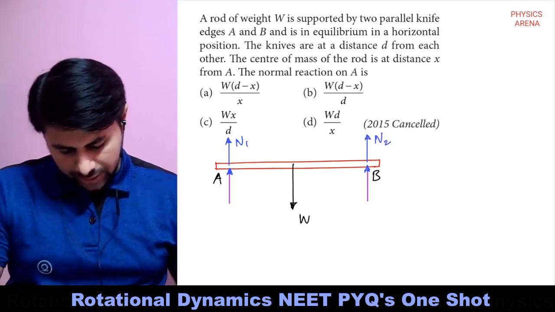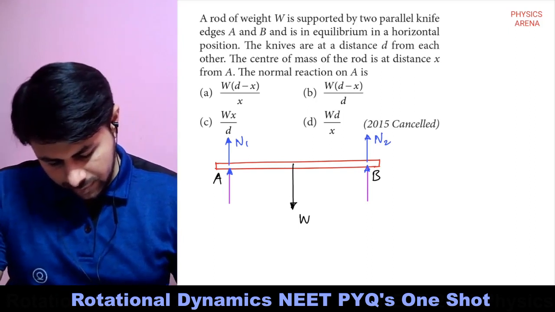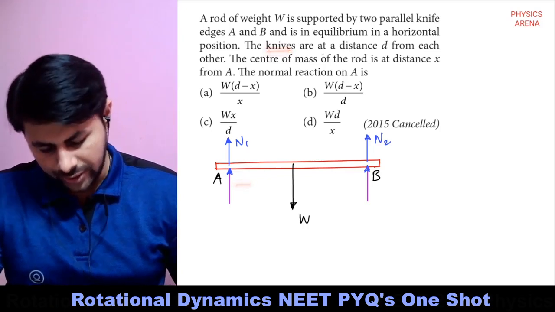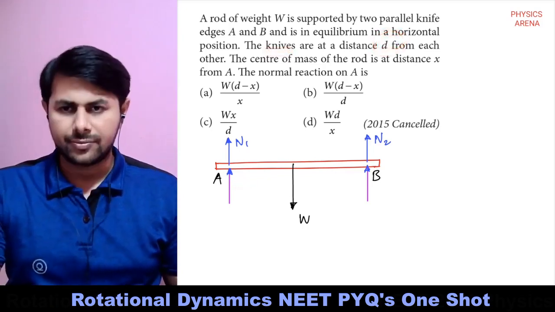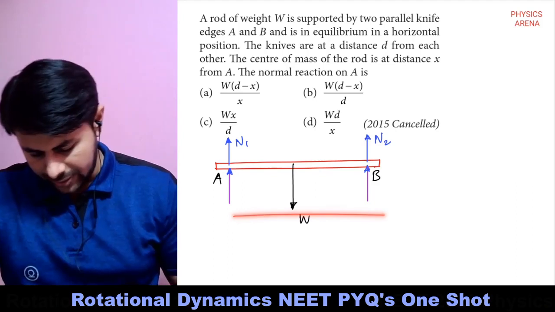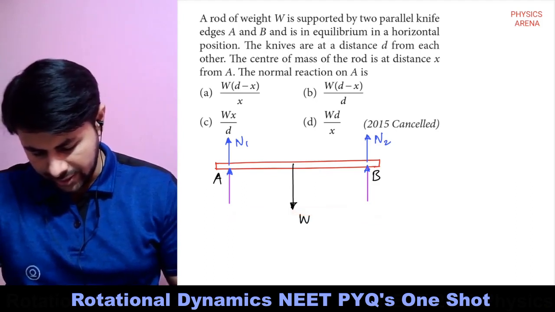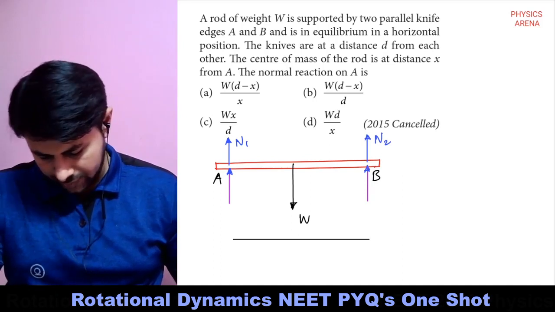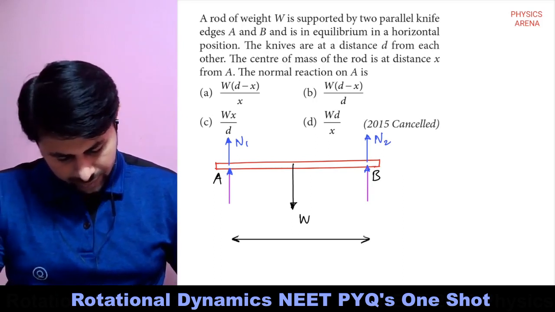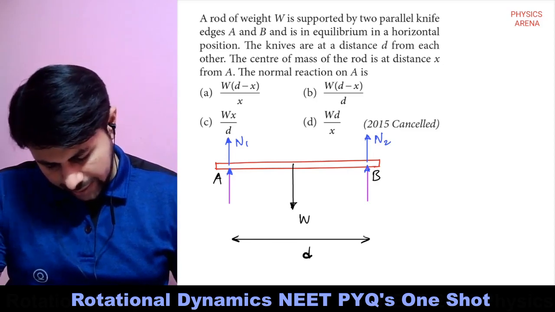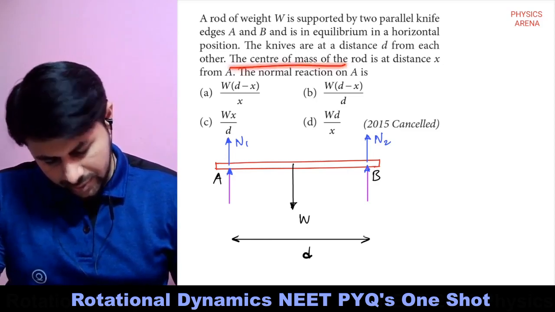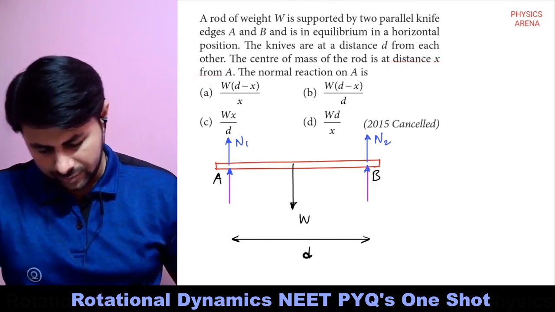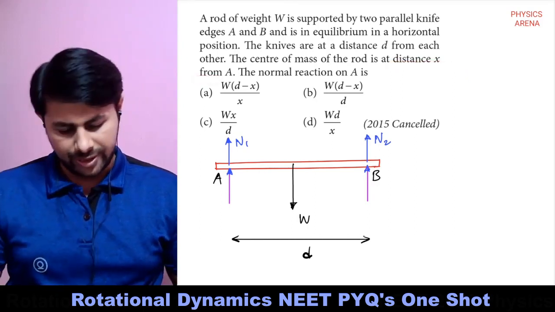Okay. So now the distance between A and B, that is the two knives, is D. That distance is D. It's given. And the center of mass of the rod is at distance x from A. Okay, so we don't know whether it's symmetric or not.